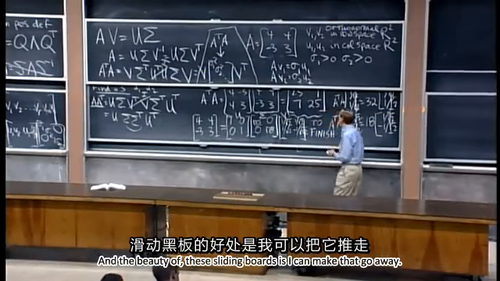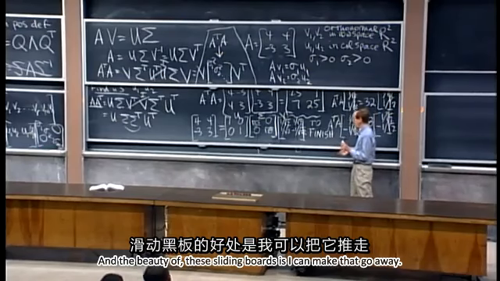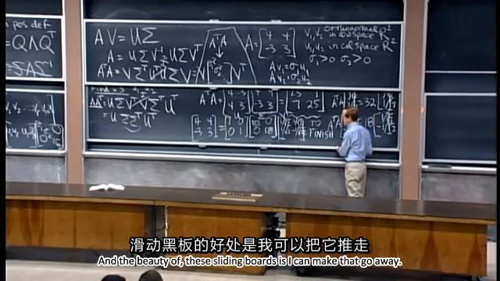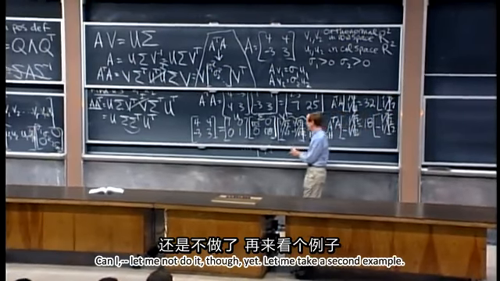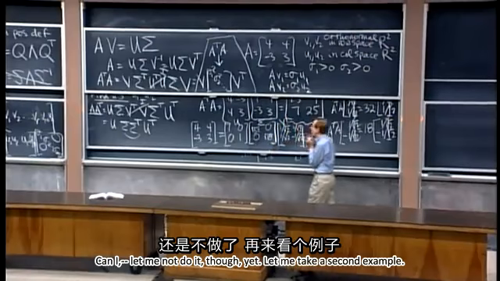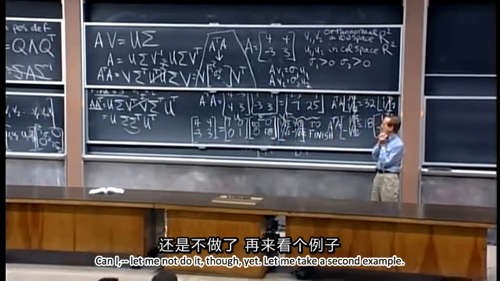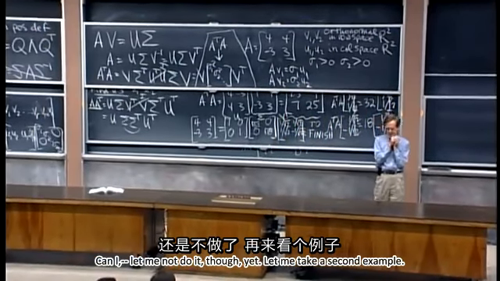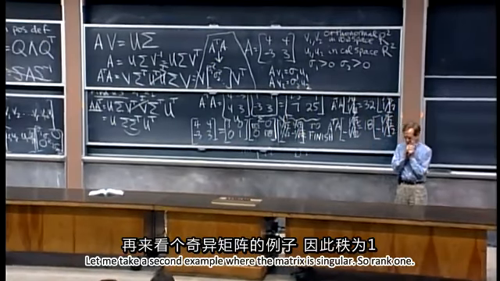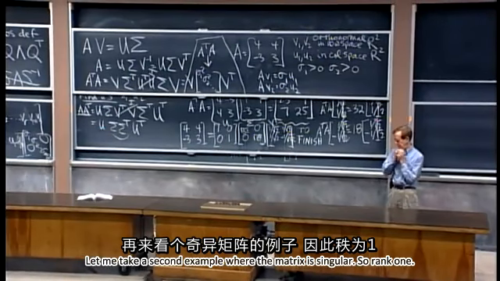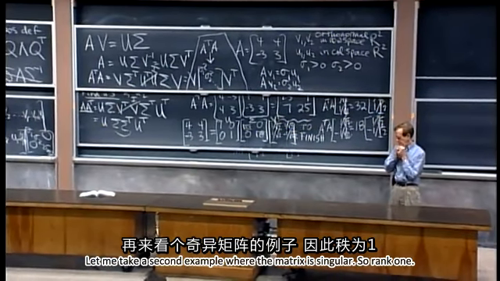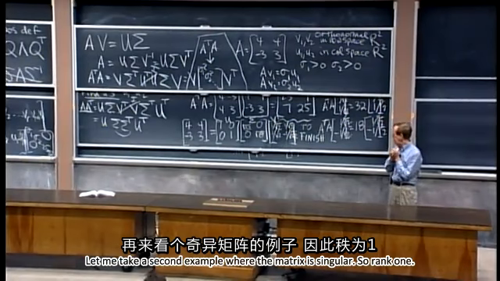Okay. And the beauty of these sliding boards is I can make that go away. Let me not do it, though, yet. Let me take a second example, where the matrix is singular. So rank 1.